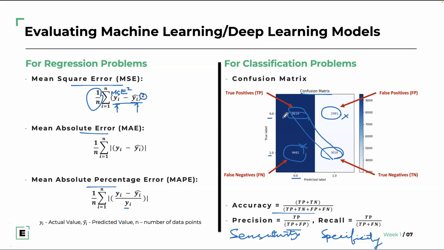One is when COVID is not present and it says COVID is present. Or COVID is present, but it says that COVID is not present. So these are the two kinds of errors it can make.